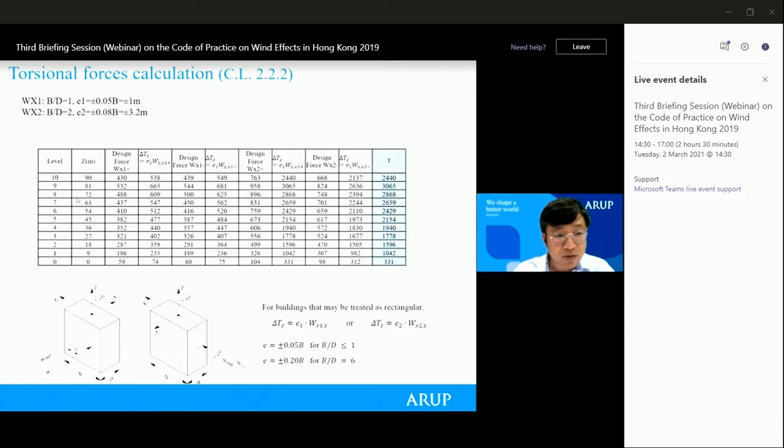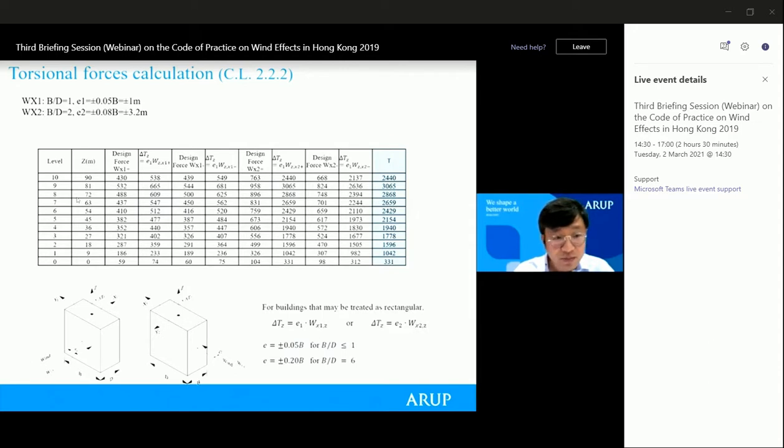So for the x1 direction, the B over D is equal to 1. So the calculated eccentricity is about 0.05. And in the x2 direction, the B over D ratio is 2. So for this one, we can do an interpolation between 0.05 and 0.2. 0.2 is about B over D equal to 6. So from this calculation, the eccentricity is about 0.08.